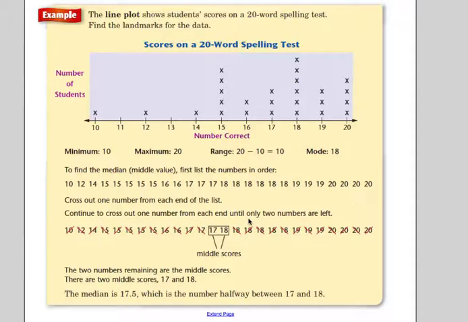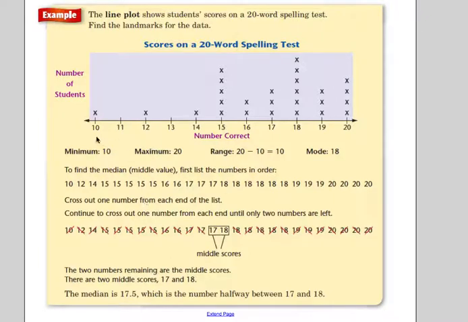Since we have an even number in our set, there should be two middle scores. If we had an odd number of numbers in our set, then we would get just one middle score. But I always count how many results I have. If it's an even number, then I know there's going to be two in the middle. That just helps me not get mixed up.